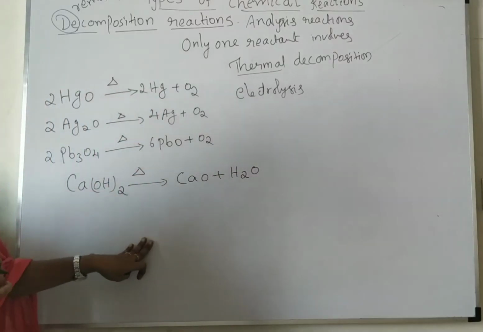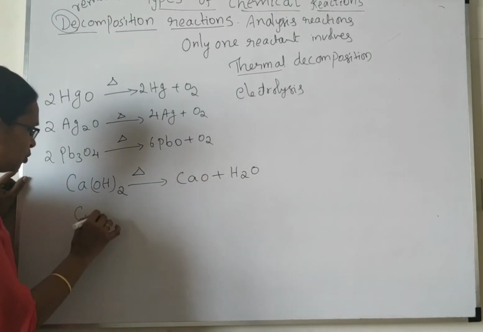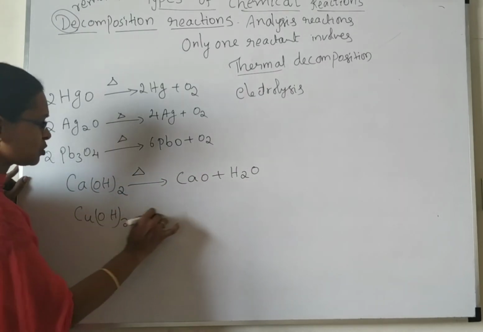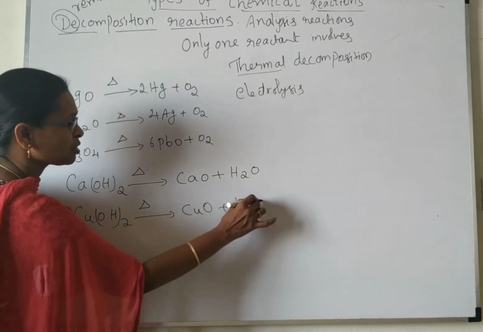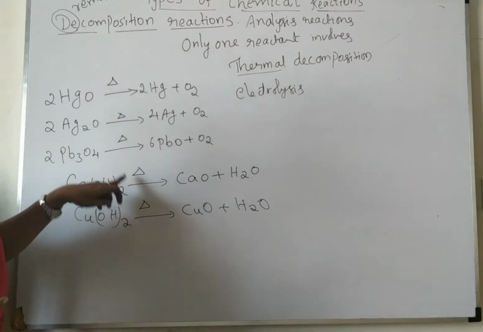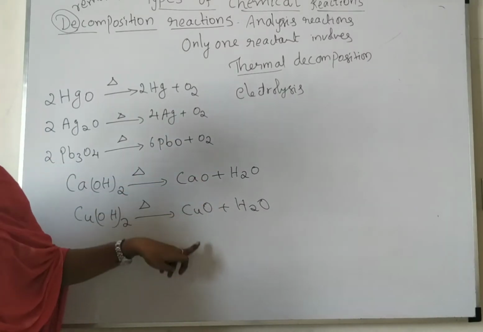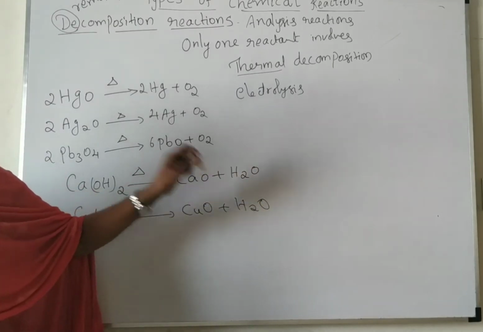Even Cu(OH)2 on heating is going to decompose into CuO plus water. Okay. So on heating, all the metal hydroxides decompose into the respective metal oxide and water. This is one thing. Okay.